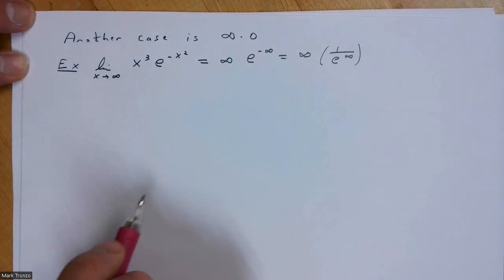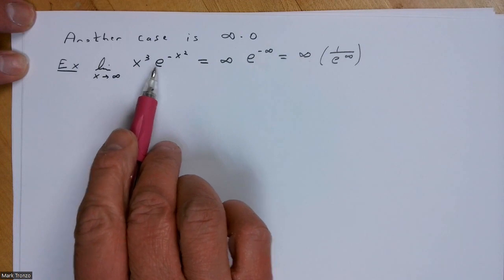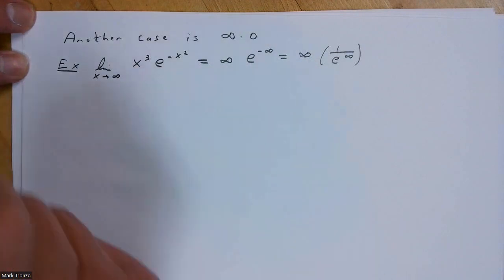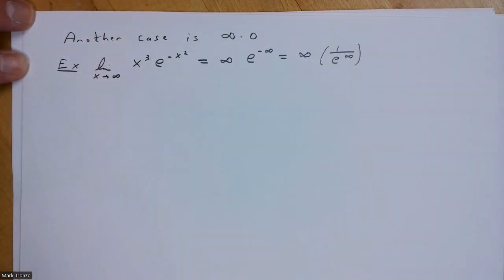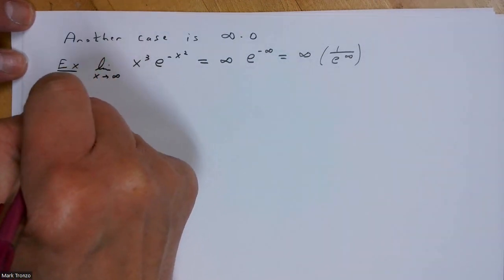And usually the way you handle this is to rewrite these so that we either have infinity over infinity or 0 over 0. So let's see what we could do in this case.